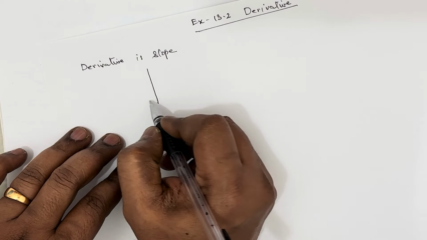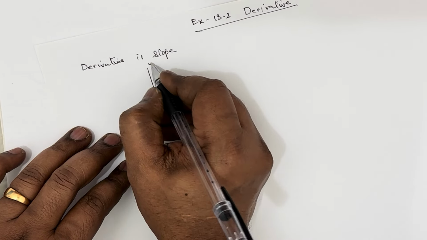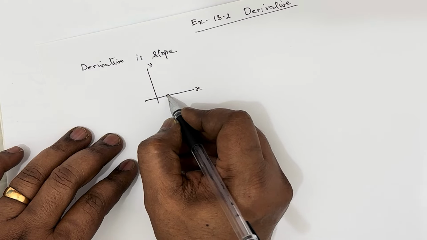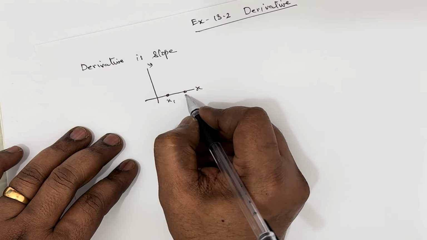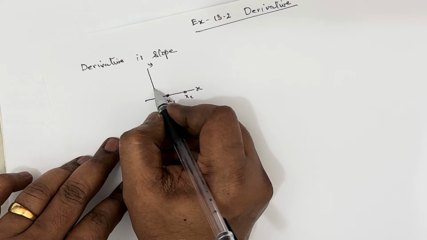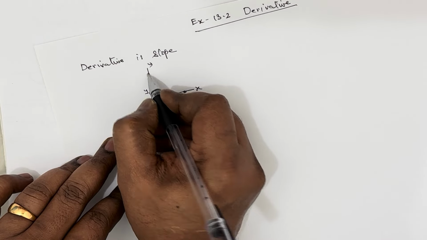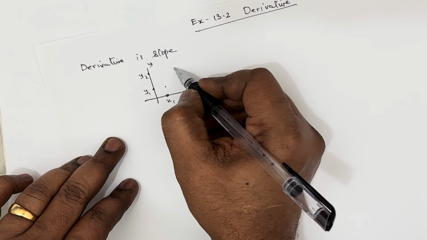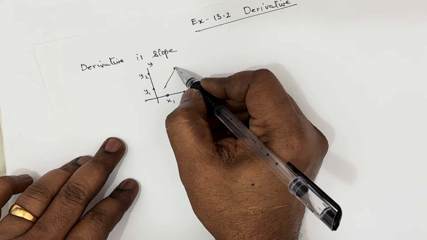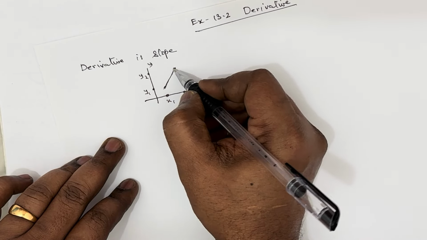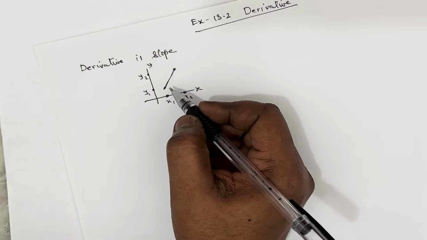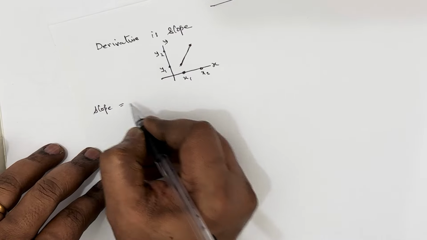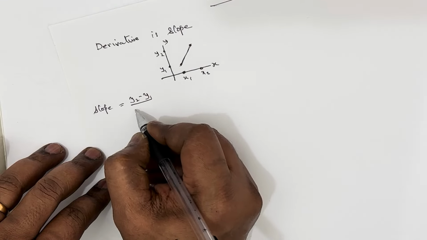you take a Cartesian plane and you take the x and y axis, and if you take 2 points on the x-axis, say let this be x1 and this be x2, and its corresponding y points are on the y-axis, y1 and y2, and if you plot the points and draw a line joining these 2 points, the slope of this line is calculated by a formula, slope is equal to y2 minus y1 upon x2 minus x1.